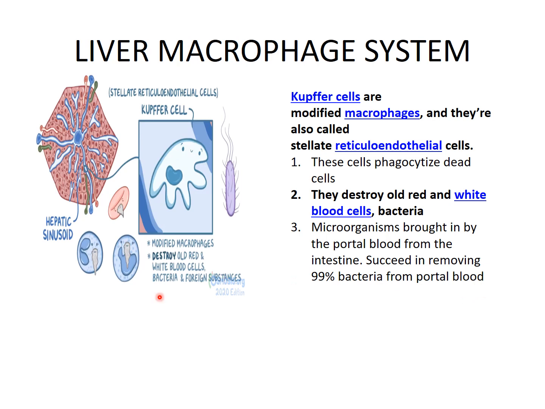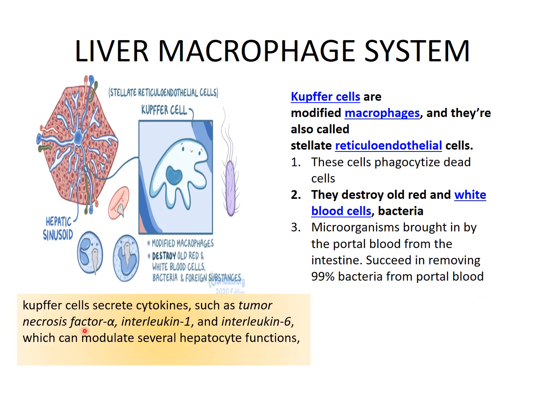Kupffer cells perform this action with the help of certain cytokines such as tumor necrosis factor, interleukin 1, and interleukin 6, and they help to modulate the hepatocyte function. So Kupffer cells are the protective cells present inside the liver. So the liver is performing the protective function.